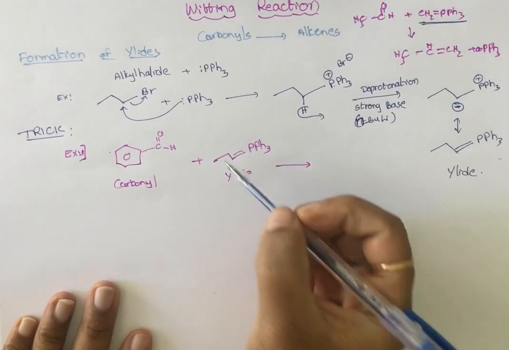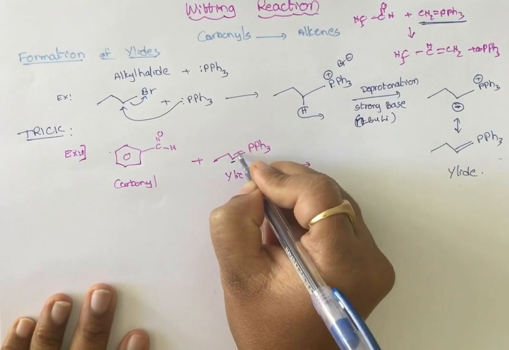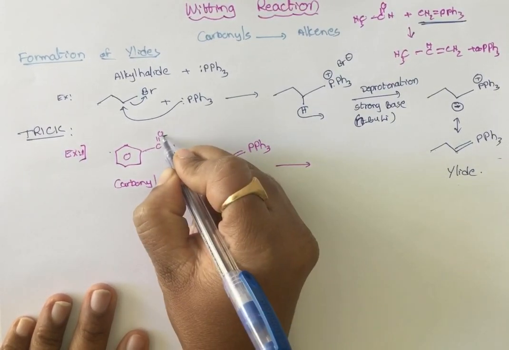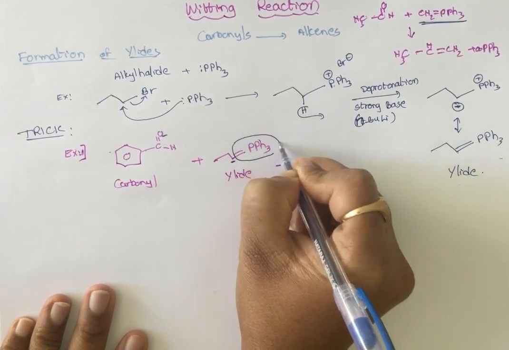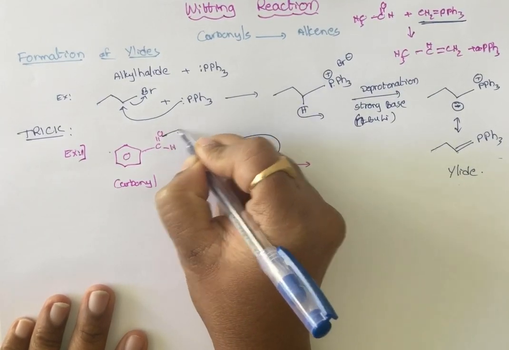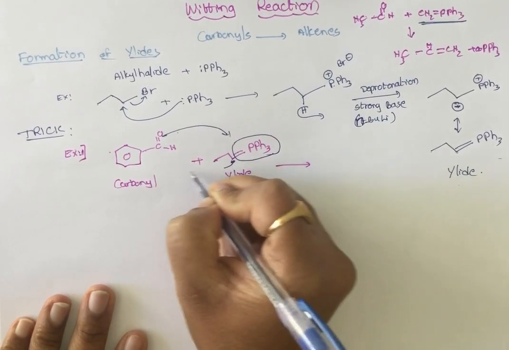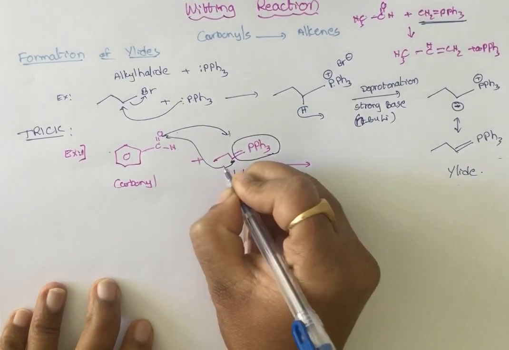What you have to do? Don't bother about anything, only see this carbon which has the double bond to oxygen. Remove this oxygen and give it to this group, and this carbon should be attached to this carbon. Give a double bond between them.